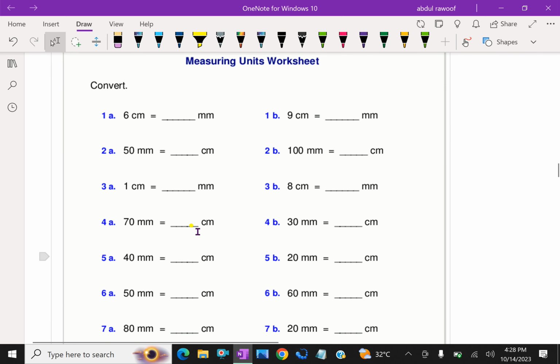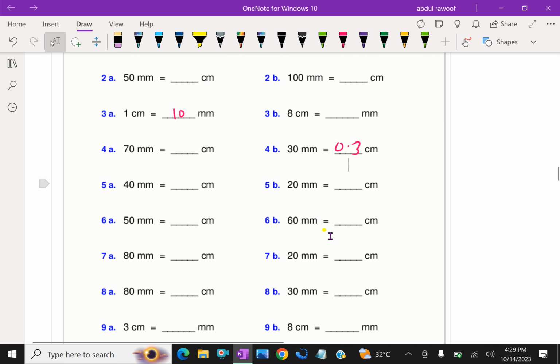Now let us do some quick calculations. We know that 1 centimeter is 10 mm, so 60 mm is 6 centimeter. 30 mm is 3 centimeter.